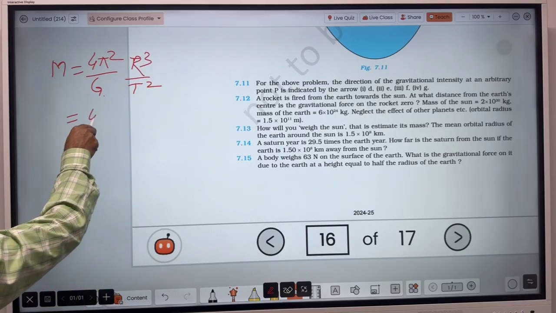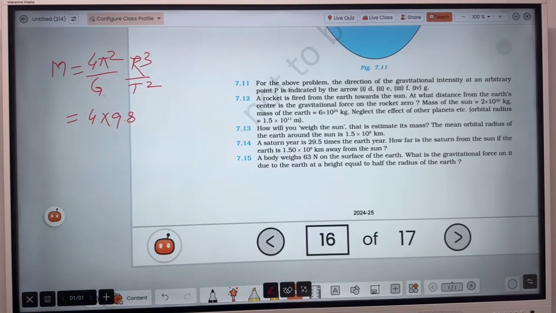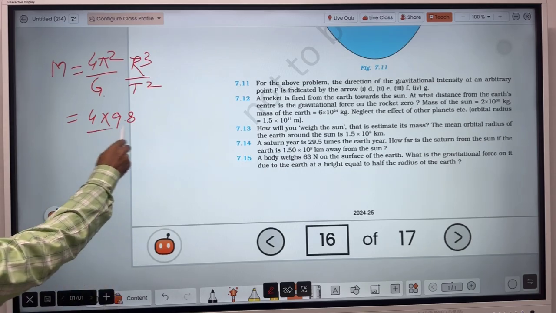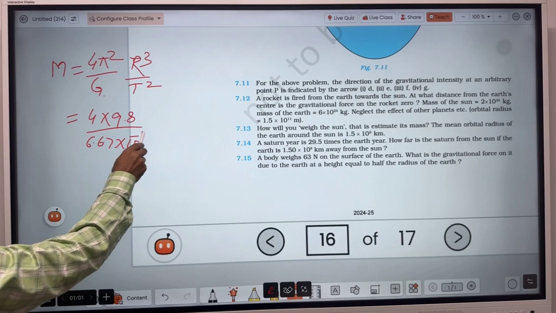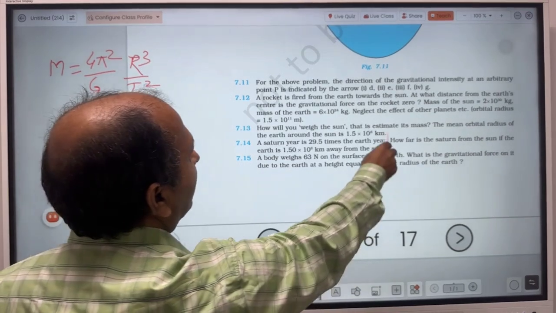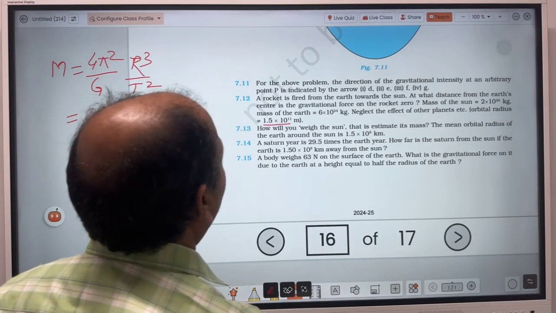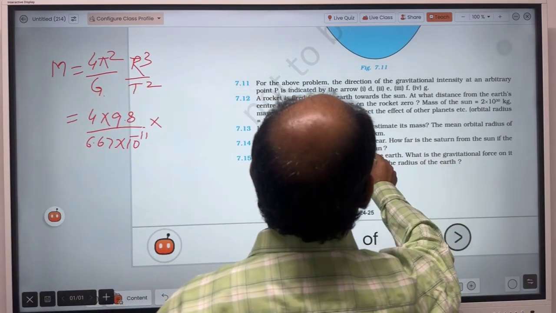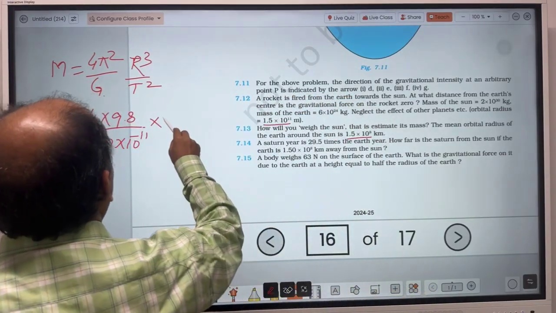4 pi square, 4 into 9.8, 3.14 square is almost 9.8, divided by value of G, 6.67 into 10 to the power minus 11, times mean distance that is given, this same thing 1.5 into 10 power 8.